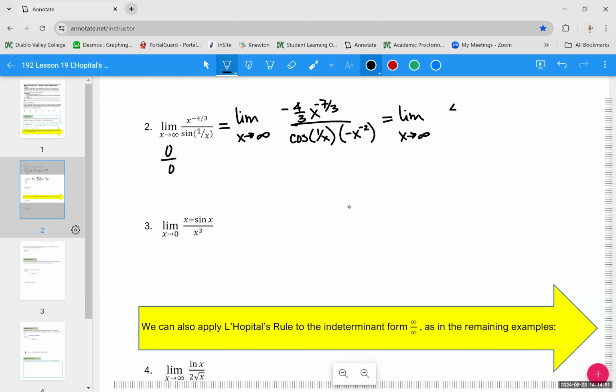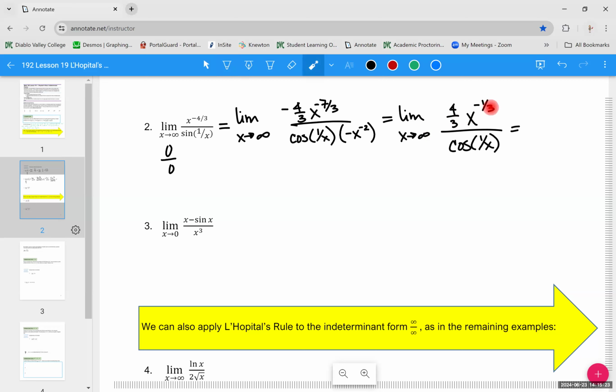I'm going to leave that 4/3 here for the moment. It doesn't really matter. I could have moved the 3 down. And then I'm going to do this top exponent minus the bottom exponent. So negative 7/3 minus 2, so it'd be plus 2. Negative 7/3 plus 2 would be negative 1/3. So I have an x to the negative 1/3 on top, and I have a cosine of 1 over x on the bottom. So let's see if we can apply direct sub again.